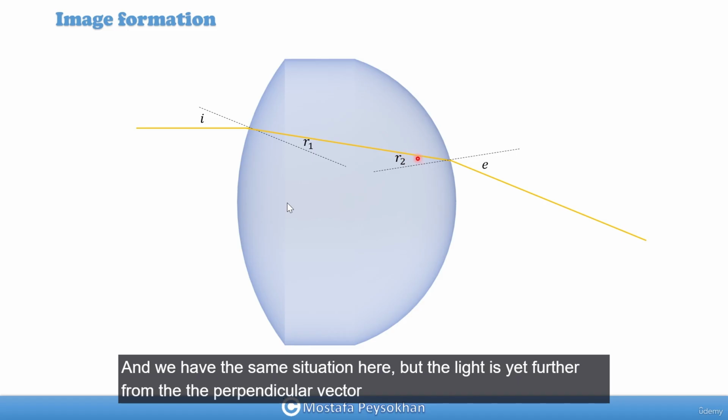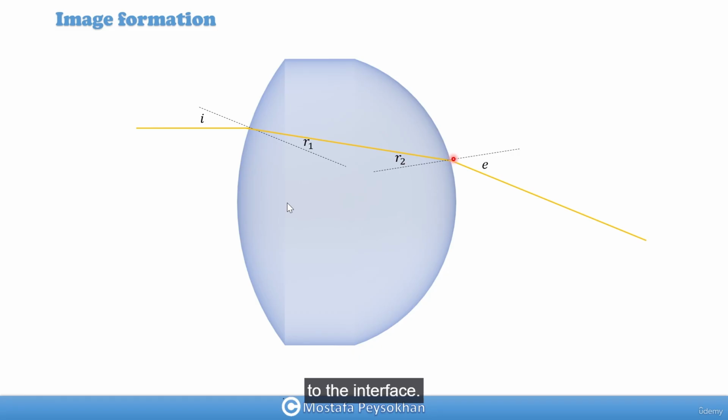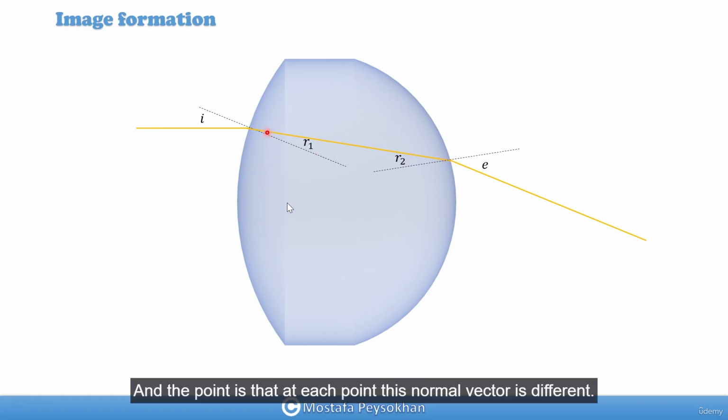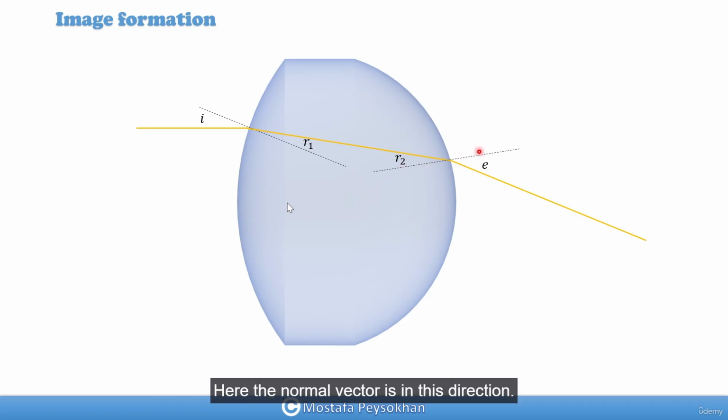And we have the same situation here, but the light gets further from the perpendicular vector to the interface. The point is that at each point, this normal vector is different. For example, here the normal vector is in this direction. Here the normal vector is in this direction.